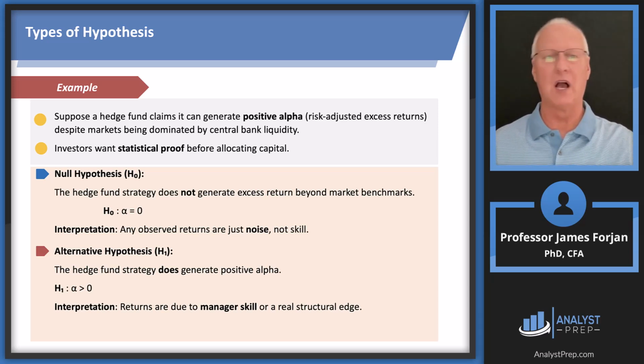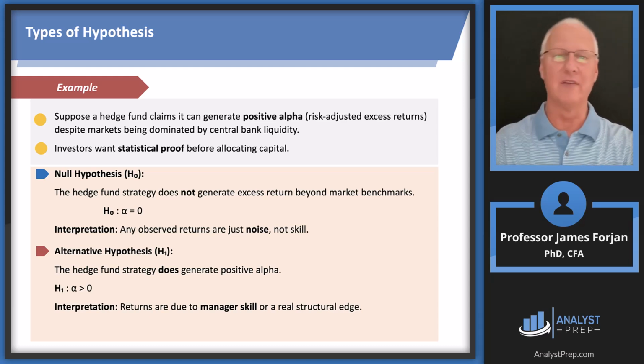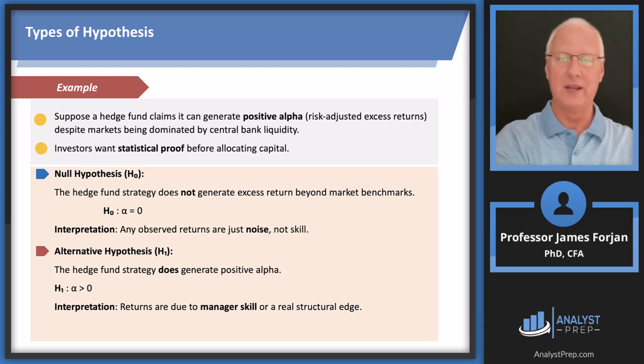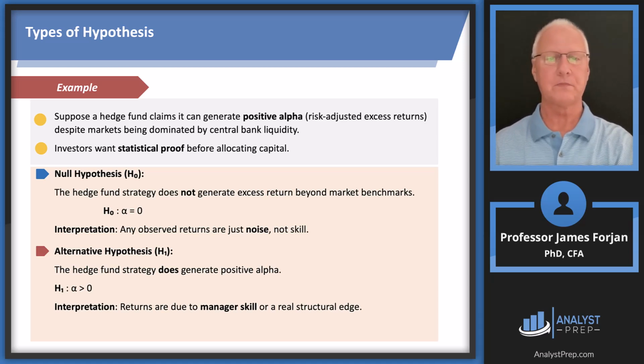I can read between the lines when Jerome Powell says something in one of his interviews, and I can say, oh, he just said that. Therefore, I'm going to go ahead and do this, and I can generate a positive alpha. So notice the null hypothesis is going to simply be that, you know what, I'm just a regular person. I'm a regular hedge fund manager, and I'm not going to be able to generate any kind of risk-adjusted expected excess returns.